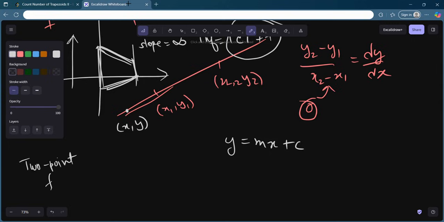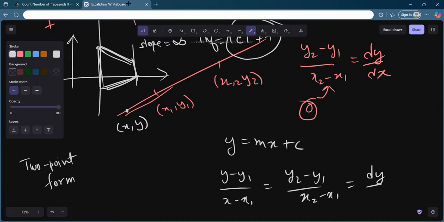This is also the equation of a line. So it tells you that y minus y1 by x minus x1 is nothing but y2 minus y1 by x2 minus x1, which in our notation is the same as dy by dx.